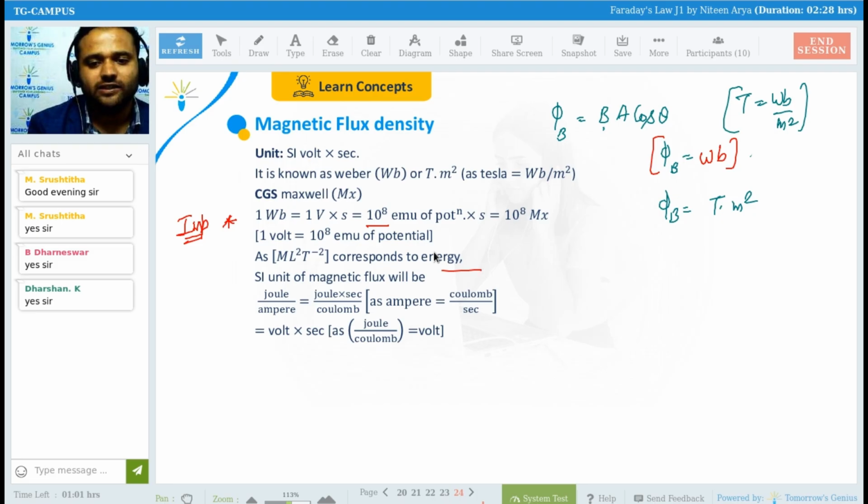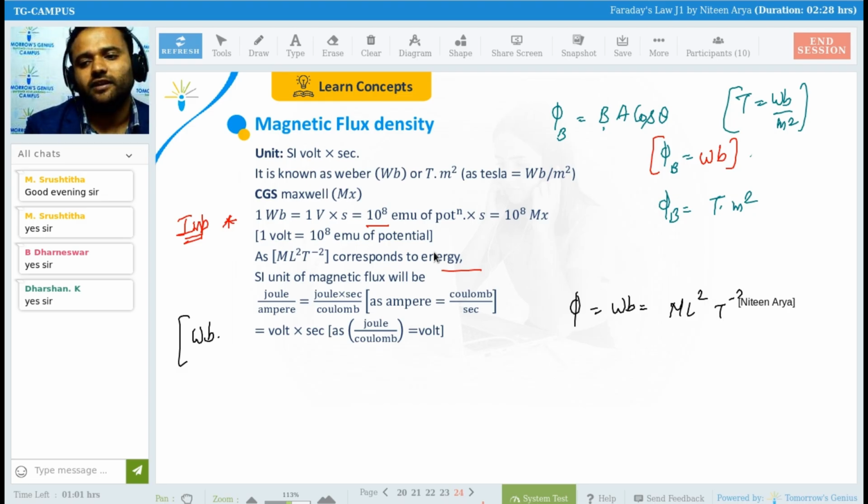So the SI unit of magnetic flux will be joule per ampere, and ampere is coulomb per second. So joule into second per coulomb. That is how, as ampere is coulomb per second, you can get volt into second. If someone is confused how we get Weber, it is this way. Flux, which is a Weber, has dimension ML2 T minus 2 A inverse, right?